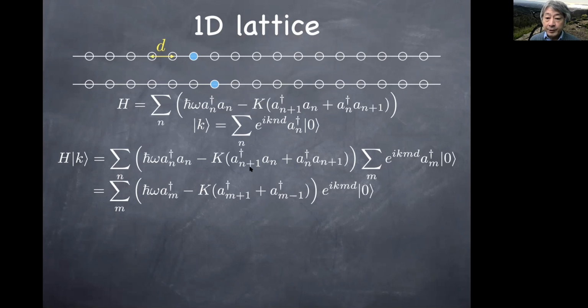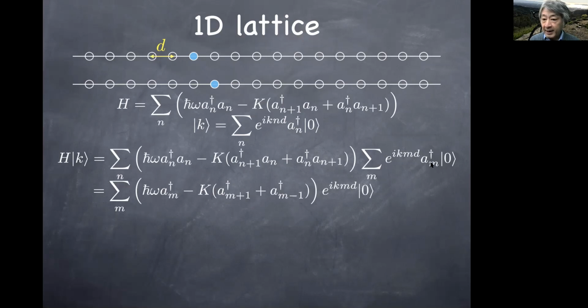And then we look at the second term. It's the same story: only when n is the same as m does it contribute to the final sum. So I have a_m dagger that gets annihilated by a_m, and then you create a particle at m plus 1. So you find this a_{m+1} dagger contributing to the final result. That's the piece here. And for the last one, again, you need to make sure that this annihilation operator annihilates the particle where it exists.